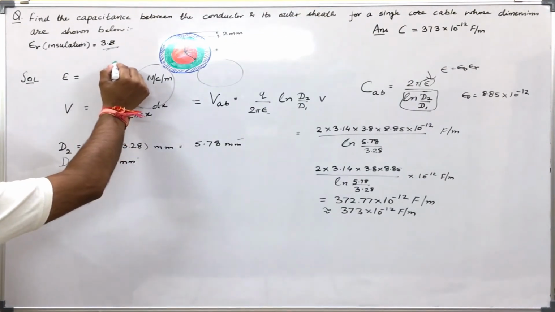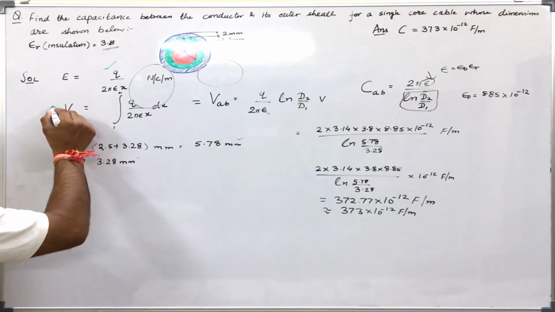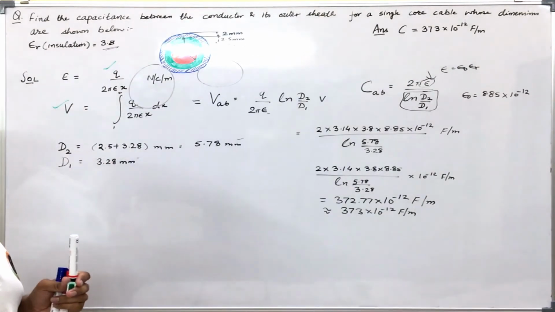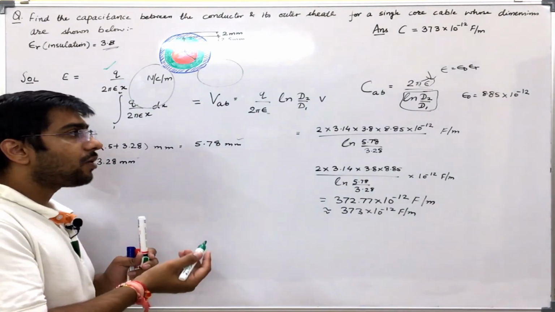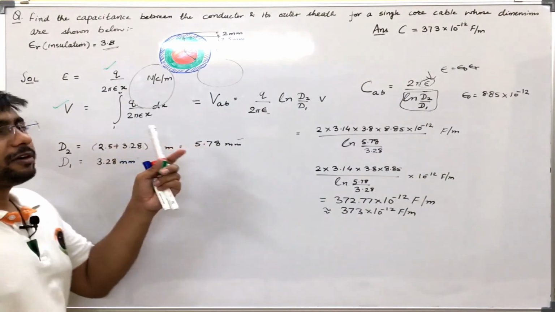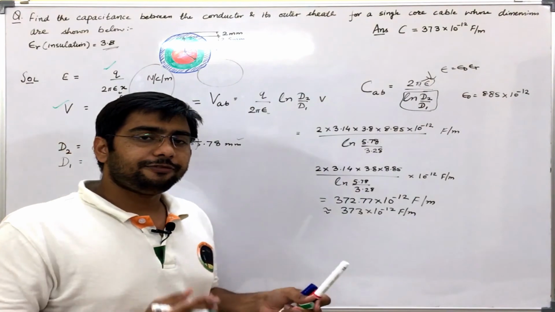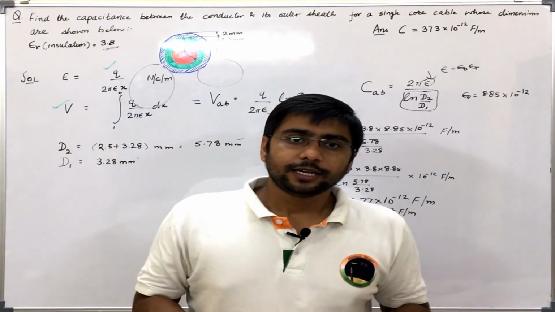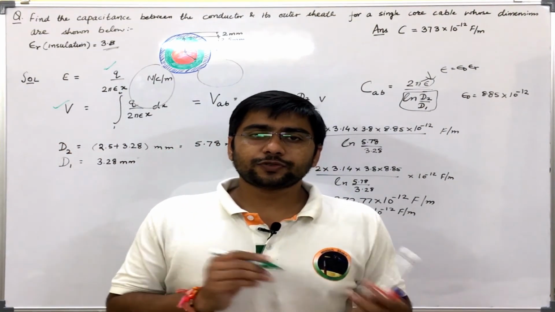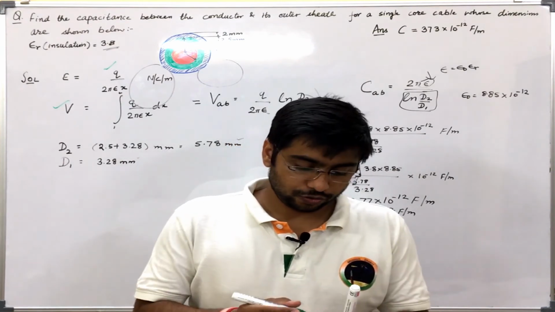From this very basic formula of electric field and the relation between electric field and the potential difference, we could easily calculate the capacitance between any 2 points. And in this way it is very easy if we start from the basics in every question, and in this way we could easily learn the formula also.